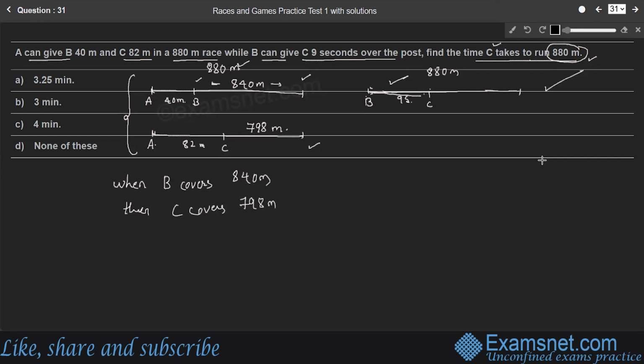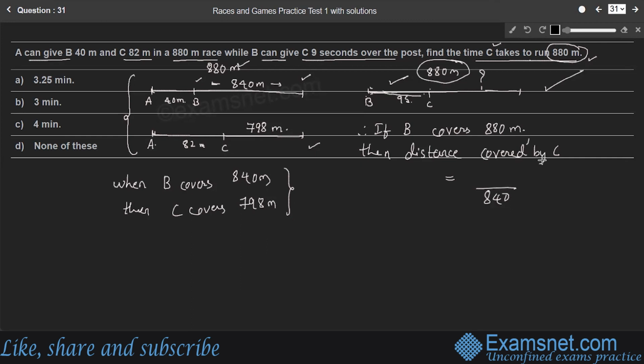So now here, in this case, if B covers 880 meters of distance, what is the distance covered by C? This distance, let us find that, right? Therefore, if B covers 880 meters of distance, then distance covered by C will be, using these two information, if B covers 840, then C covers 798, right?